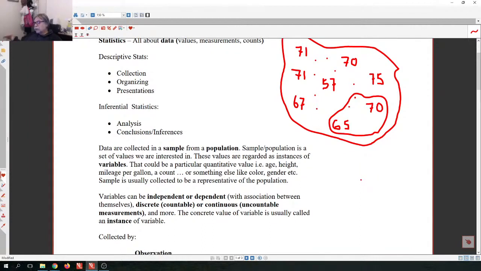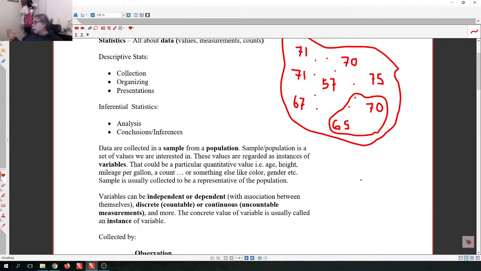Now, a variable itself is a description. So when I say the height of an 18-year-old male in the United States, that's a description of these numbers that I have in the population. That description we call a variable.